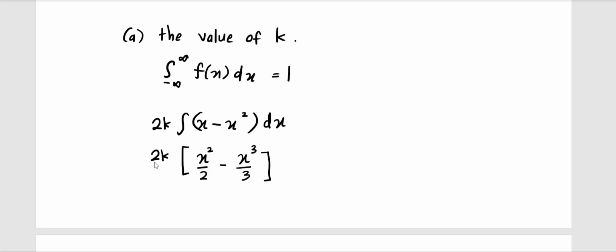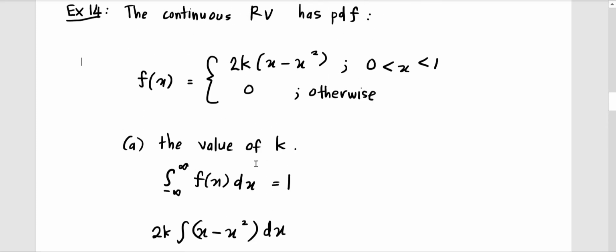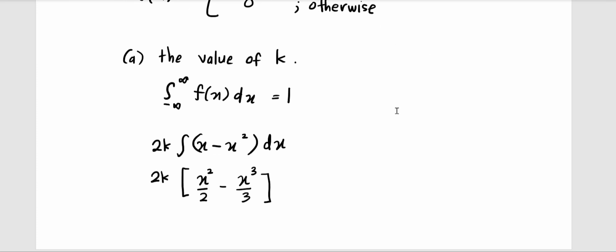The upper and lower limits depend on the question. The function given has x between 0 and 1, so that means we integrate from 0 to 1. Your upper limit is 1 and your lower limit is 0. So we have 2k times 1 over 2 minus 1 over 3. Then for the lower limit, we substitute x equal to 0 into this equation.